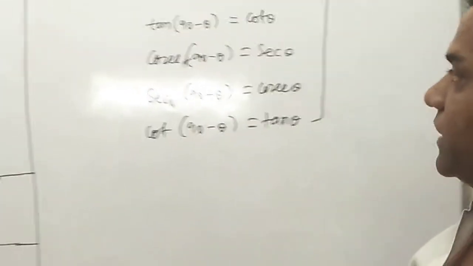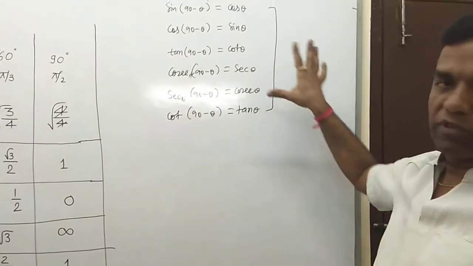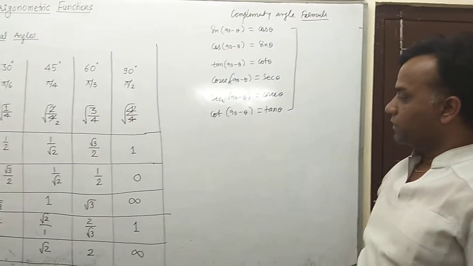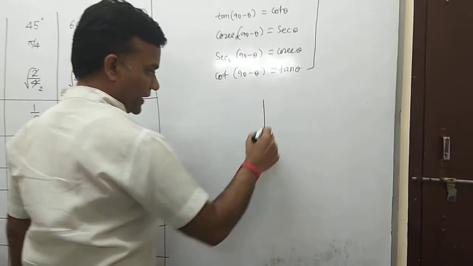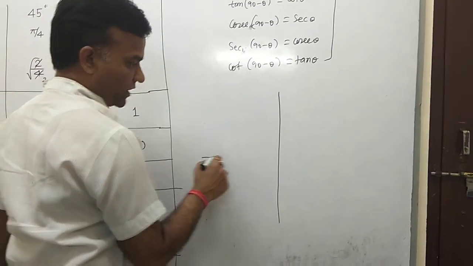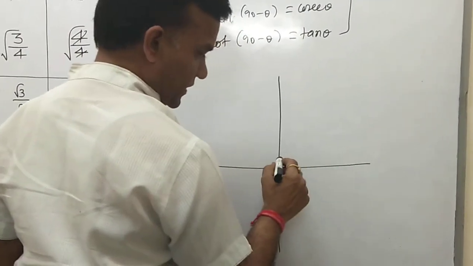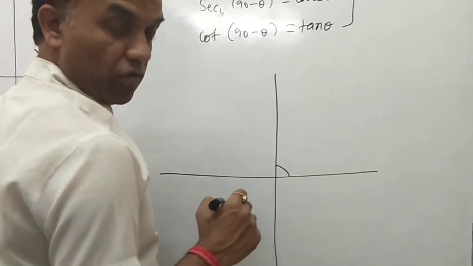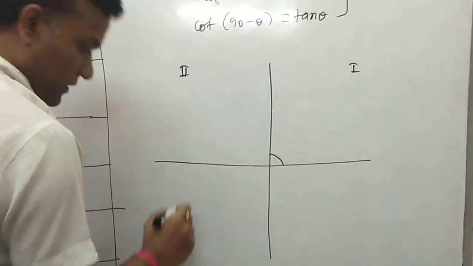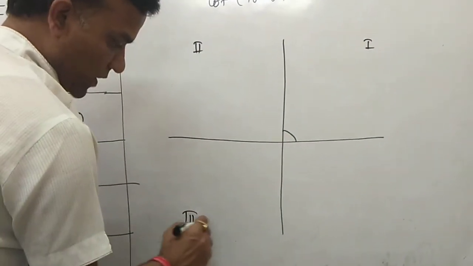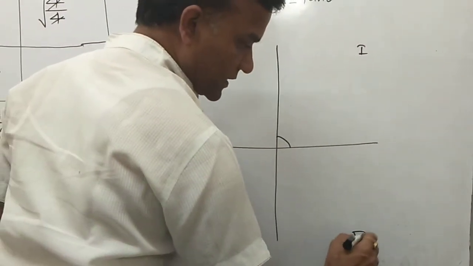So in the complementary angle formulas there are 6. They are related to the first quadrant. Because the quadrant formulas will also be discussed, you should revise them. We know that in the quadrant form, this is the part of one quadrant, you write this is the first quadrant, you have the second quadrant, and this is the third quadrant, and at the last this is the fourth quadrant.